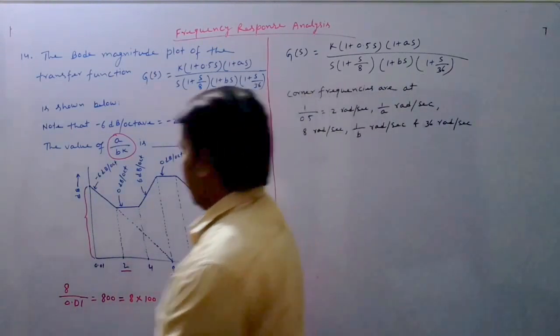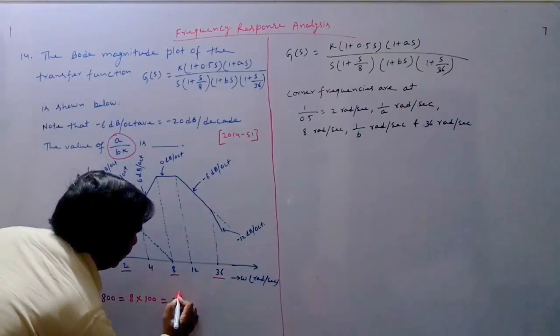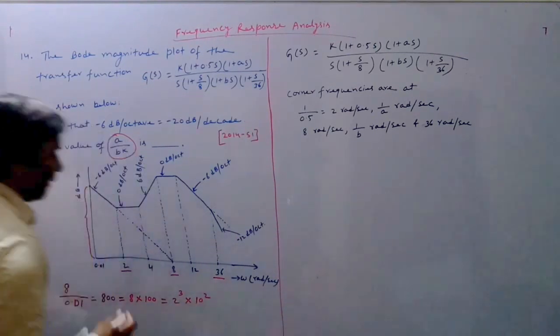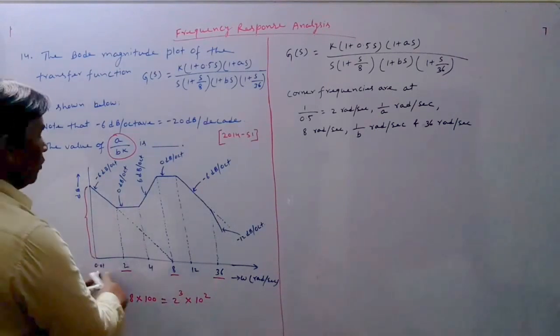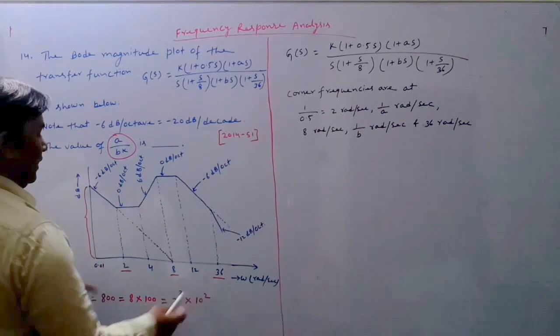Now we can again factorize it as 2 to the power 3 multiplied by 10 to the power 2. So from this point to this point we need 3 octaves and 2 decades.